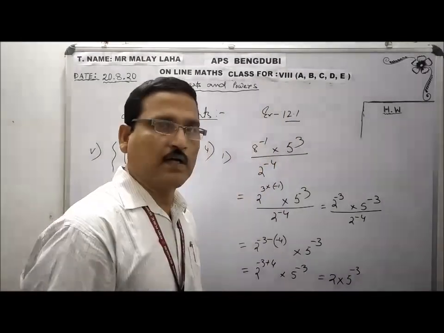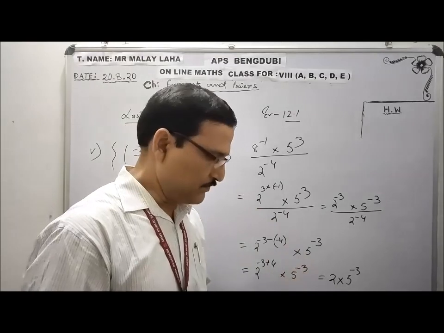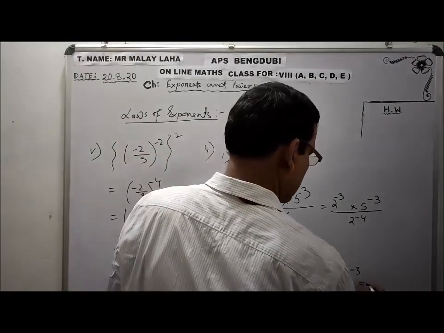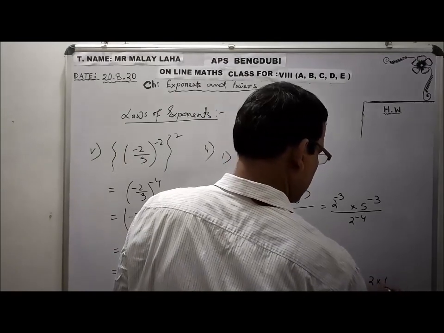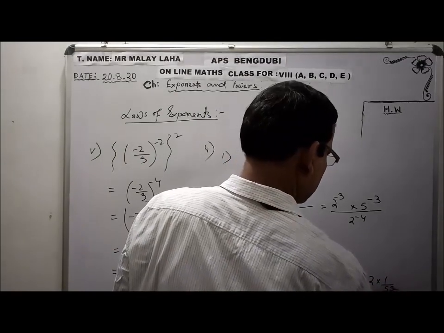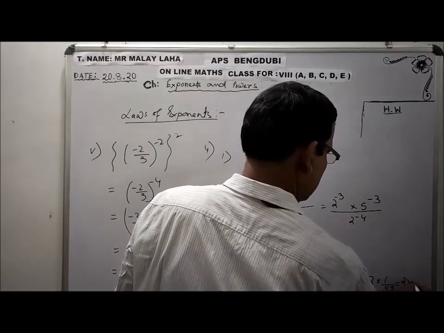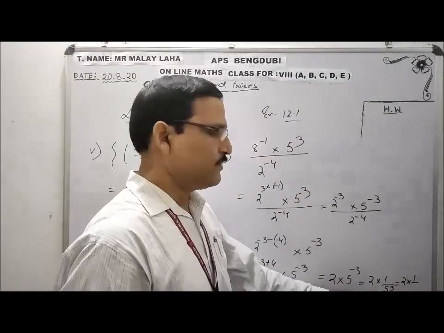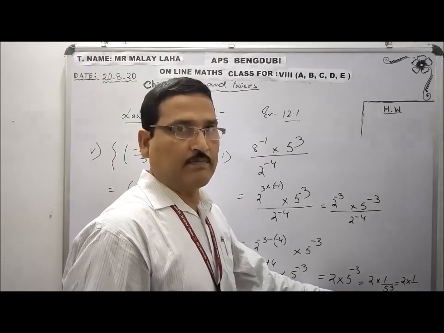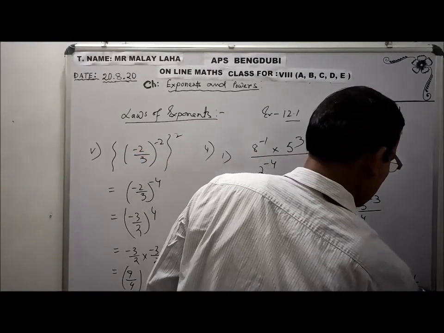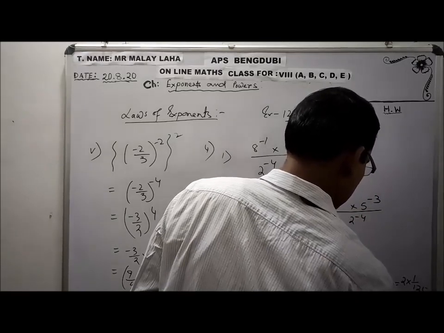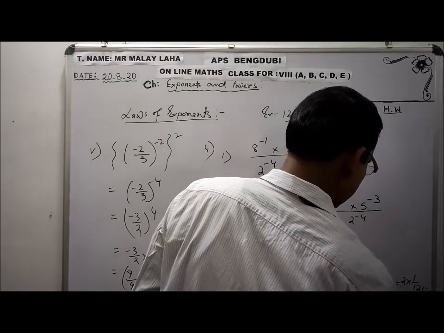I told you negative form will not be given. Simplify, find the value, evaluate. We have to write down in number. So it will be 2 into 1 by 5 raised to 3. 5 raised to 3, if I multiply 5 three times, it will come 125. So finally the answer is 2 by 125.